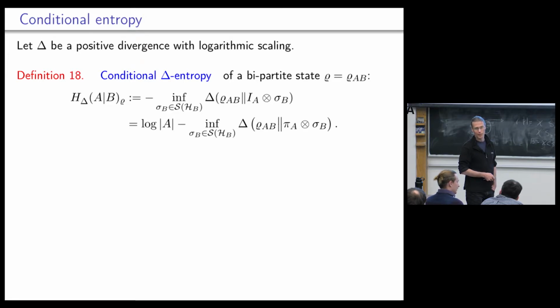I don't know anything about numerics, but I was told that this is easy, or at least reasonably easy. But we will not try to compute these things. We are on a more abstract level. Sometimes you can compute, and sometimes you can say something about the optimal state, and that's going to be very important for things like additivity. We will see examples for that.